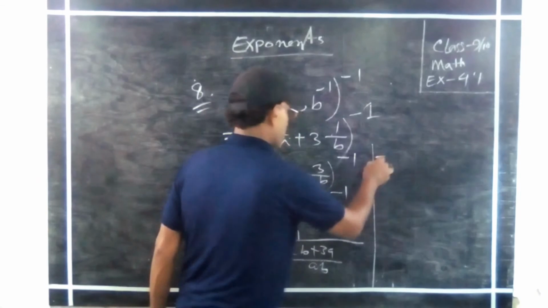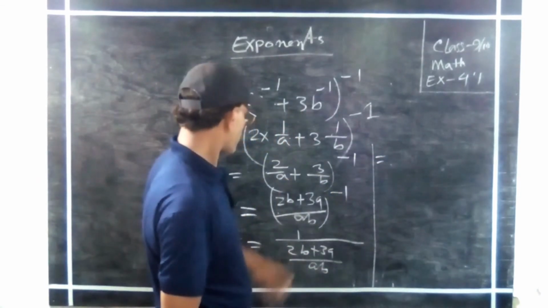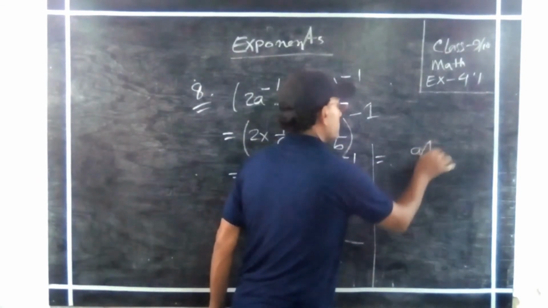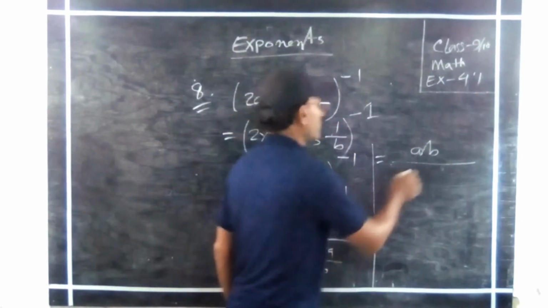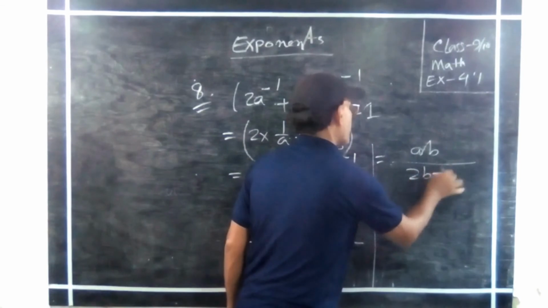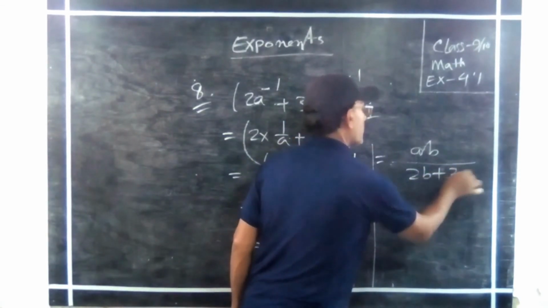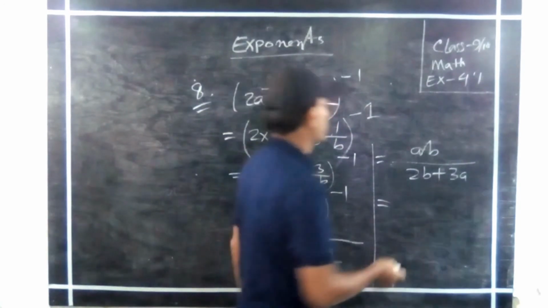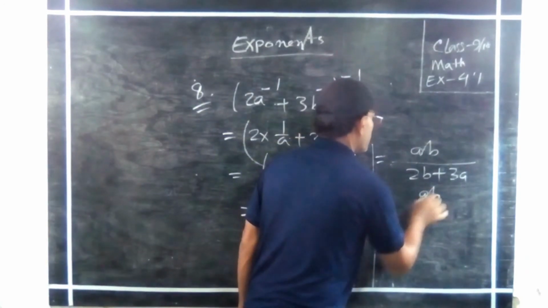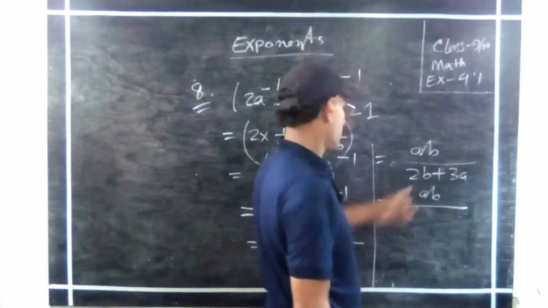Here the last stage, ab divided by 2b plus 3a.